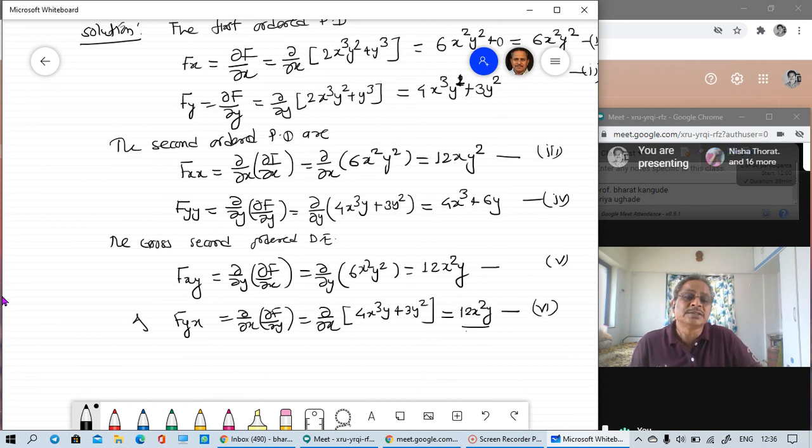Now look at this value and this value. So that indicates what we said earlier, that in general fxy is equal to fyx. So second order cross partial differentiations are generally equal, and that is what is shown here.